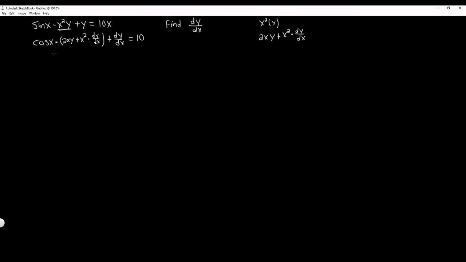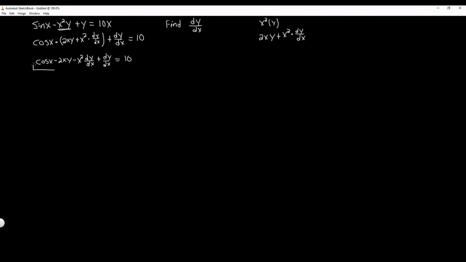Now we need to simplify this up a little bit. We need to distribute the negative. So this is going to be cosine x minus 2xy minus x squared times dy/dx plus dy/dx is equal to 0. So now we need to isolate the dy/dx's on the left hand side.